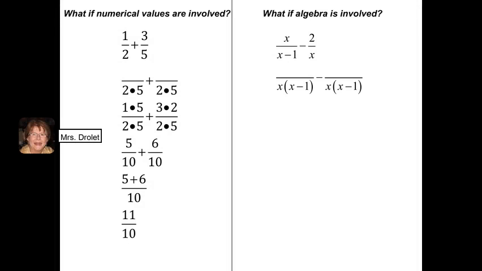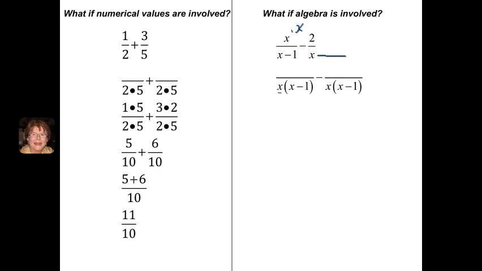I found my lowest common denominator, x times x minus 1. Now keep it in factored form. Then you must find equivalent fractions to get from x minus 1 to the lowest common denominator. How did that change? You multiplied by an expression. What was that expression? It was x. Therefore, you must multiply the numerator by x as well.